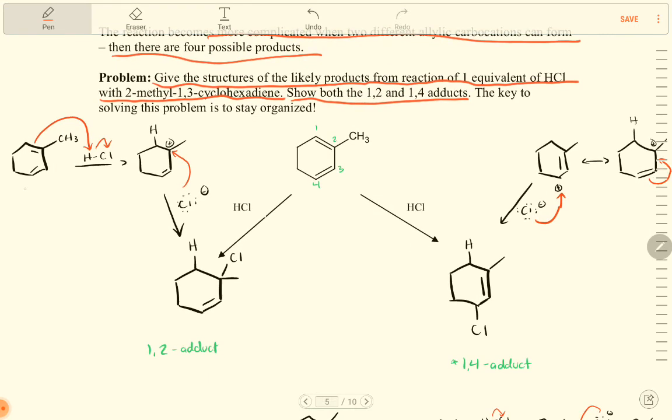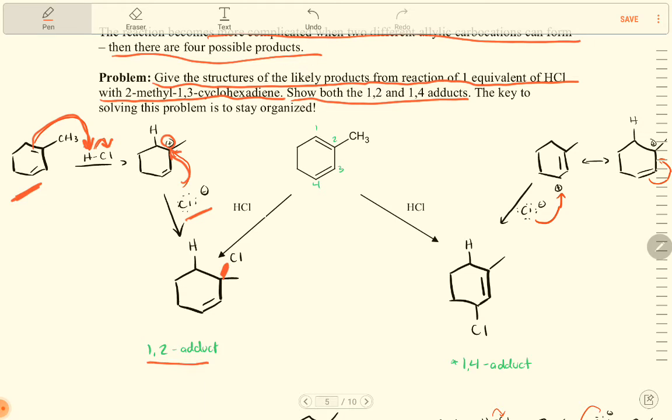So now you know that the pi electron is going to pull the hydrogen from the chlorine, and the chlorine will have its electron back. This Cl minus, as soon as the carbocation forms, attacks and forms the bond here, and that is the 1,2 adduct.